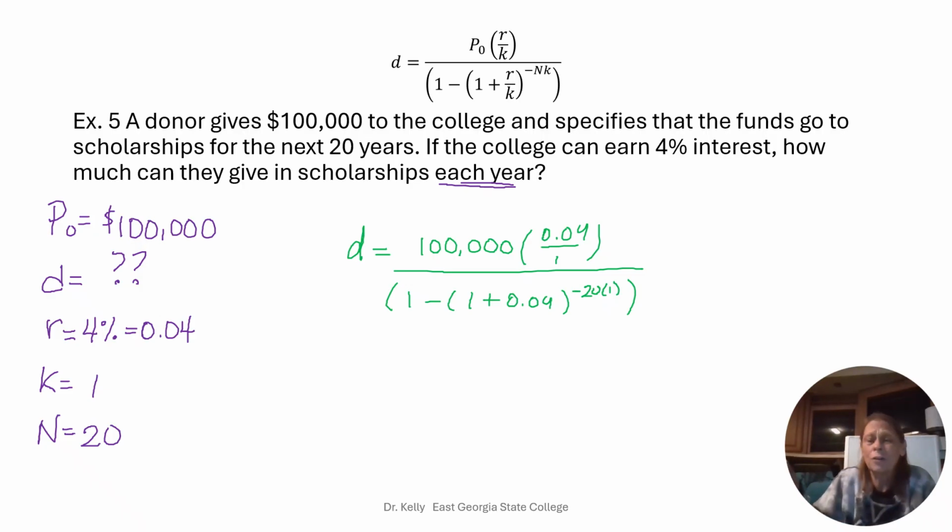You plug in a 1 in your calculator. In fact, I'm not even going to plug in the 1s in the calculator, but I'm going to write them in my formula because I always do my formulas the exact same way, because then it becomes kind of a habit. You don't have to think about it while you're doing it. All of them go like this. The only difference is which formula do I need to choose for the situation.